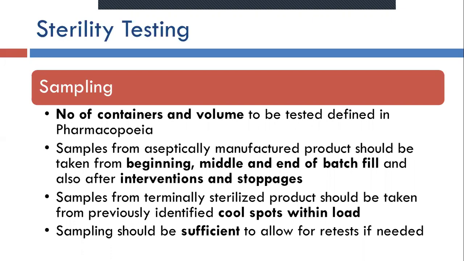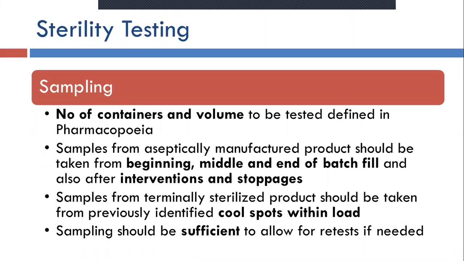Samples from aseptically manufactured product should be taken from the beginning, middle, and end of the batch fill, and also after interventions and stoppages. That means when the bulk product is sterilized and the filling materials are sterilized, the filling has to take place.